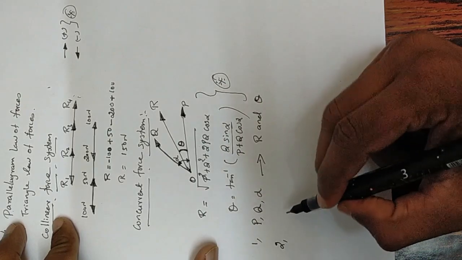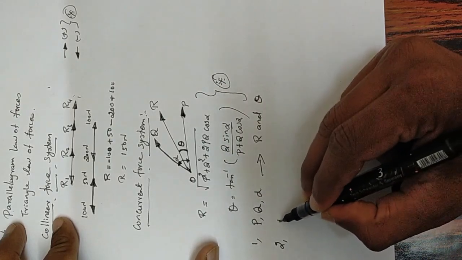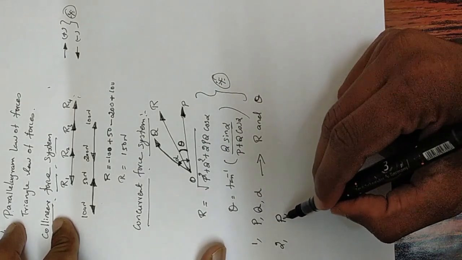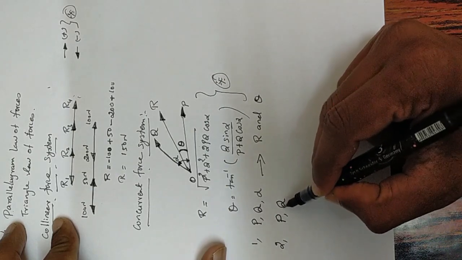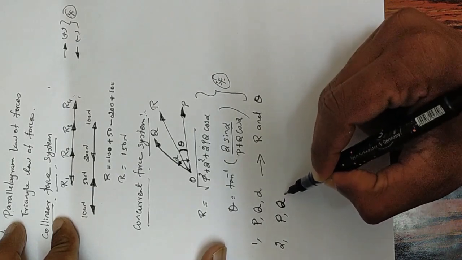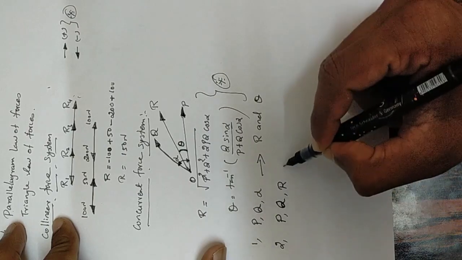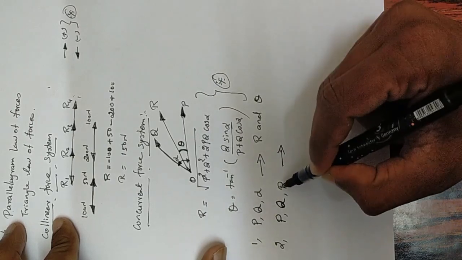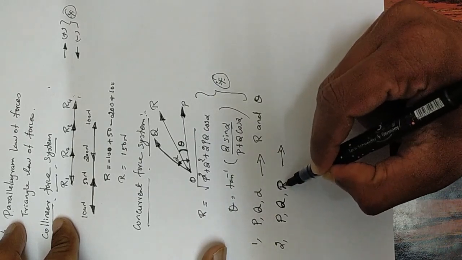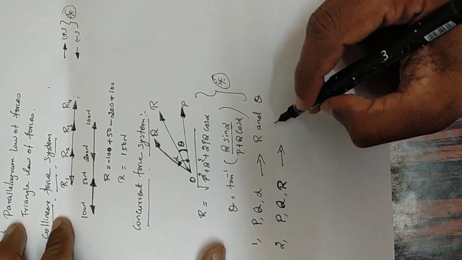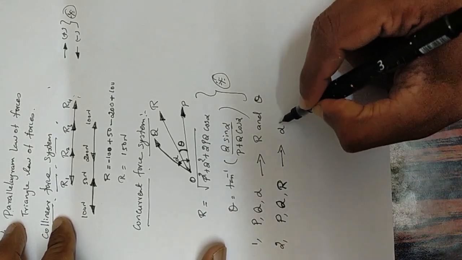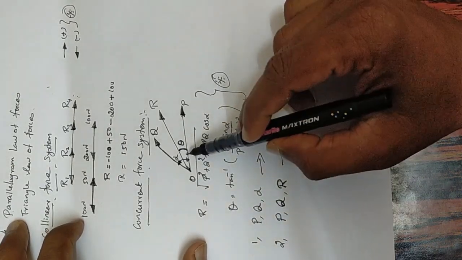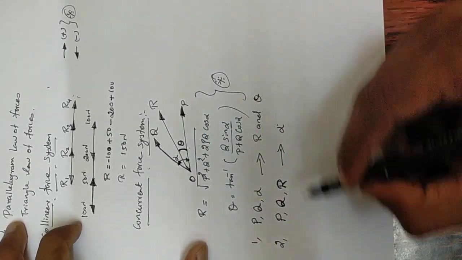The second type of possible question: they give the P value, that is force 1, then the Q value, that is force 2, then R, the resultant force. These details are given in the problem, and we should find the alpha value, which is the angle between these two forces.